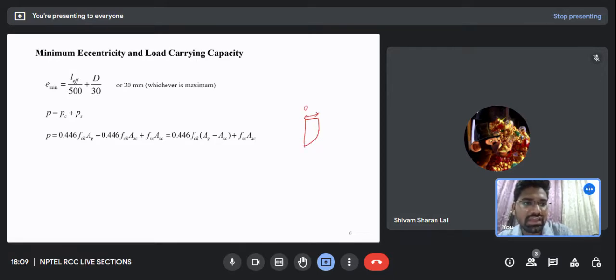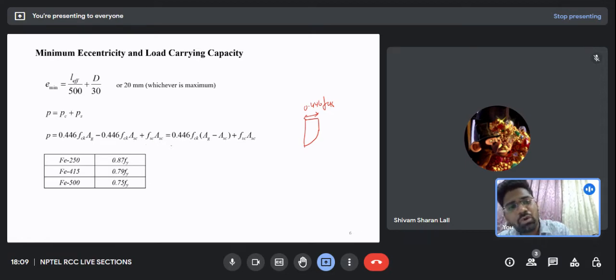This was the edge which was having 0.446 fck of stress. Whatever my gross area of column has, I have multiplied it by the stress in the concrete, and what I have subtracted here is the amount of concrete which I have replaced with the steel, and that steel area is multiplied by the stress in the steel. This is the way we calculate the ultimate load bearing capacity of columns.